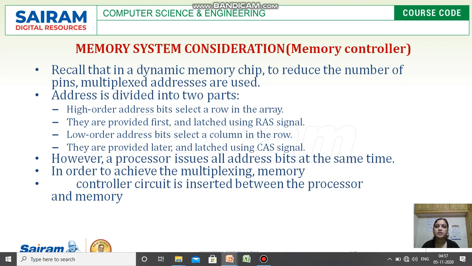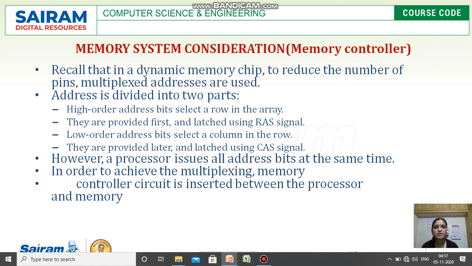Static memory, as already discussed, is costlier when compared with dynamic memory. Static memories are of high speed and high cost also. So if it has to be implemented, only a small amount of memory can be used. Wherever we use cache memory, it may be implemented as static memory.